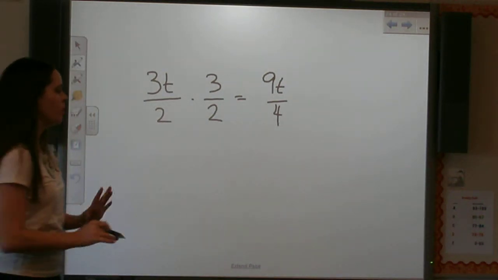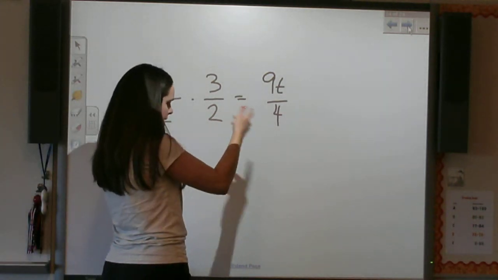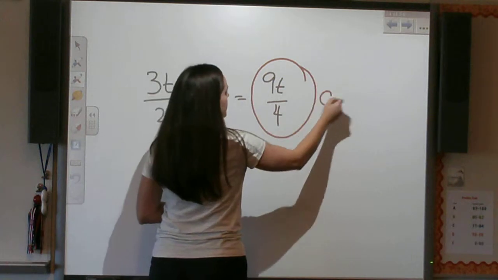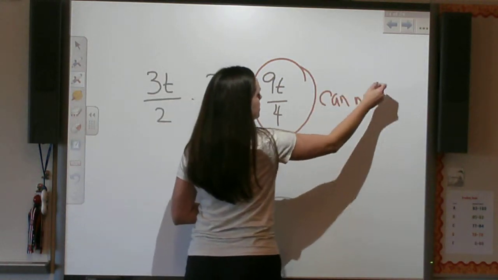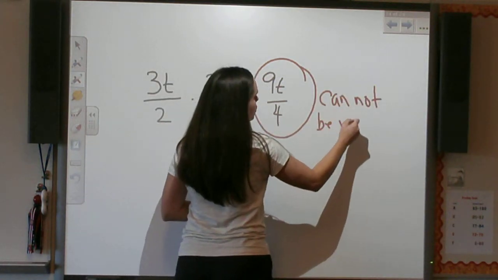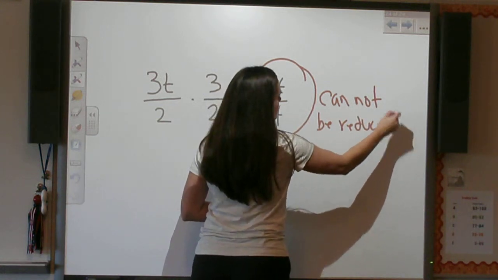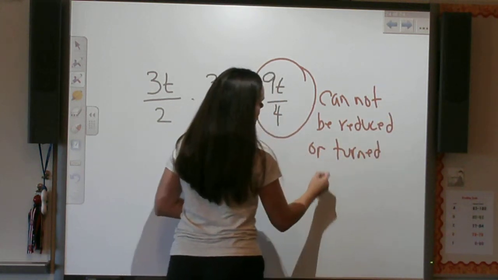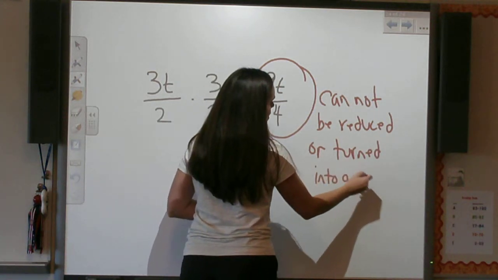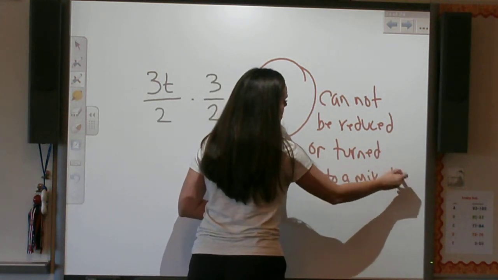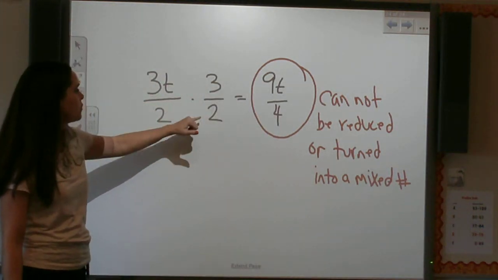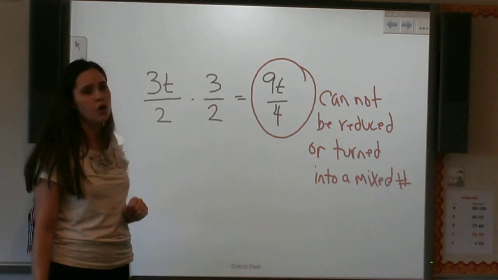We can't say 4 will go into 9 2 times with 1 left over. This cannot be reduced or turned into a mixed number. So 3t over 2 times 3 over 2, the answer is 9t over 4.